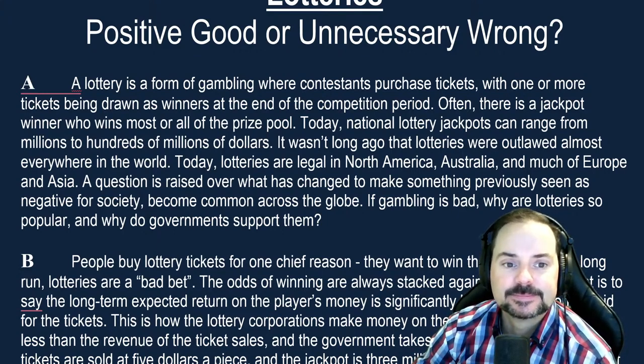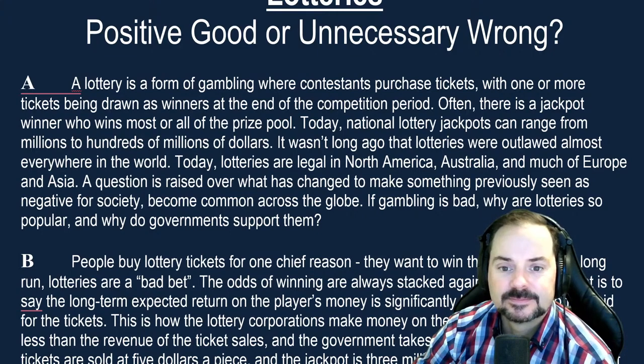Lotteries, positive good or unnecessary wrong. Paragraph A. A lottery is a form of gambling where contestants purchase tickets with one or more tickets being drawn as winner at the end of the competition's period. Often, there is a jackpot winner who wins most or all of the prize pool. Today, national lottery jackpots can range from millions to hundreds of millions of dollars.